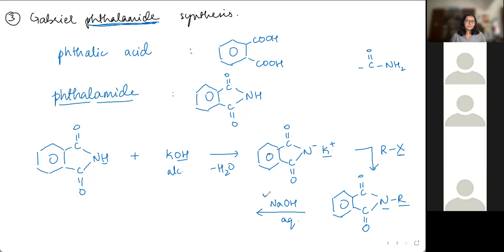For this step, either you can do acidic hydrolysis or basic hydrolysis, or you can use hydrazine. It doesn't matter. Basically, you need to give a source of hydrogen. Think of it as an ionic source of hydrogen, because you need to get rid of this whole phthalic acid part also. So on doing hydrolysis, you end up with RNH2, and your byproduct is your phthalate salt.